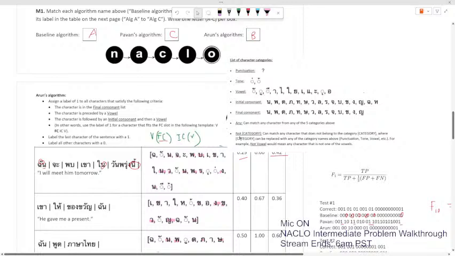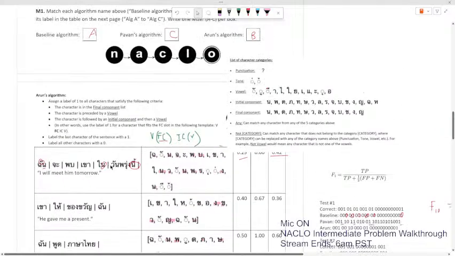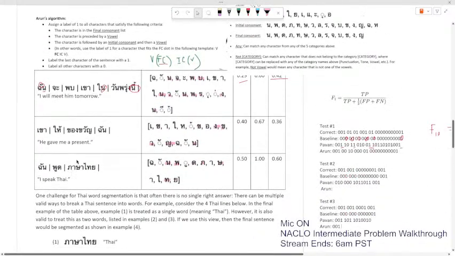This is a vowel here. This is a final consonant preceded by a vowel, and an initial preceded by a vowel, followed by an initial consonant, yes. And then another vowel. Yep. Okay. So far it's doing pretty well. 0, 0, 1.